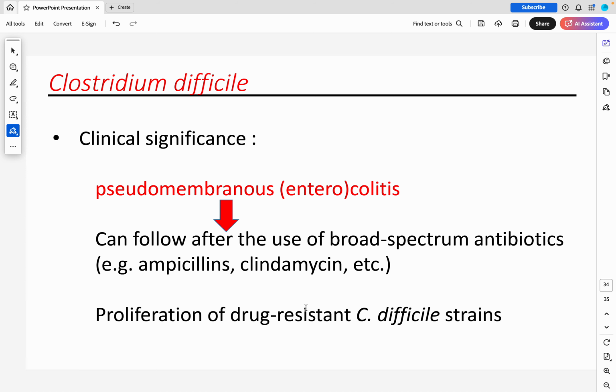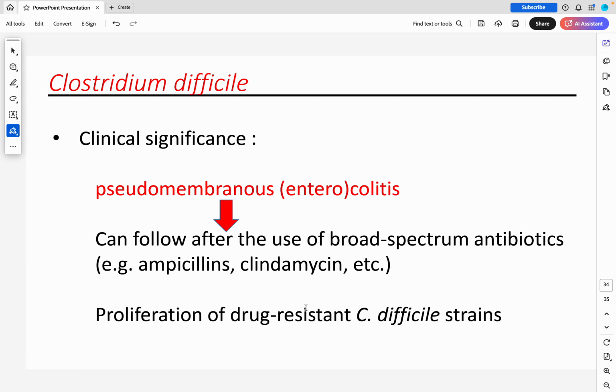So what happens is, if a person undergoes antibiotic treatment, especially a broad-spectrum antibiotic regimen, such as ampicillins or clindamycins, C. difficile can dominate the gut microbial communities and can become very pathogenic or virulent depending on its genetic makeup. If it's able to secrete those toxins, A and B, then it can cause the clinical manifestations of pseudomembranous enterocolitis.